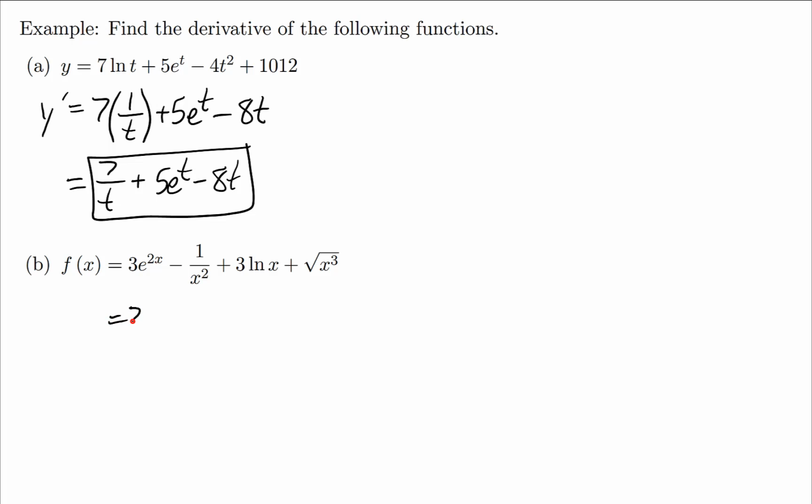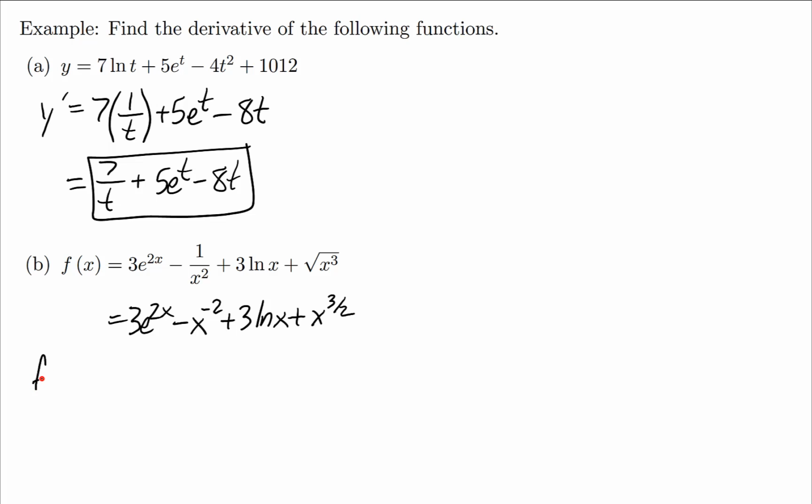Let's do that first. 3e to the 2x minus, this is going to be x to the negative 2 when I rewrite it. 3 natural log of x. And then remember for these, you might recognize the square root is going to be like a 1/2, but the cube power is part of that too. Remember, top is the power, bottom's the root. This is actually 3/2. 3 for the power, 2 for the root.